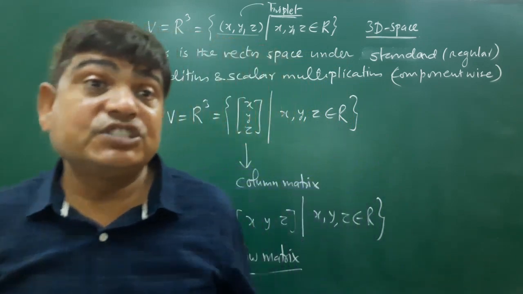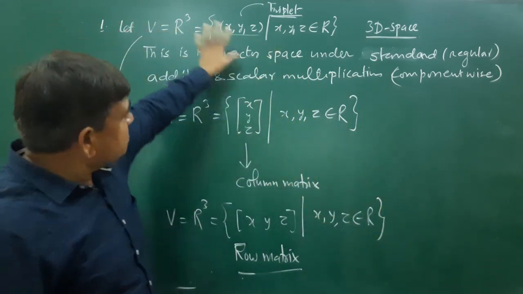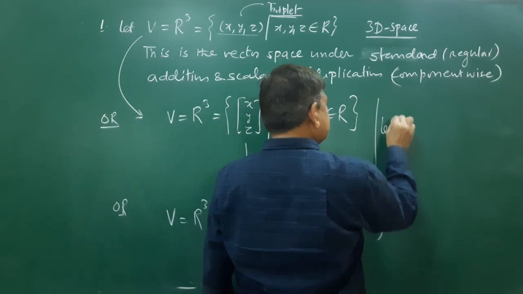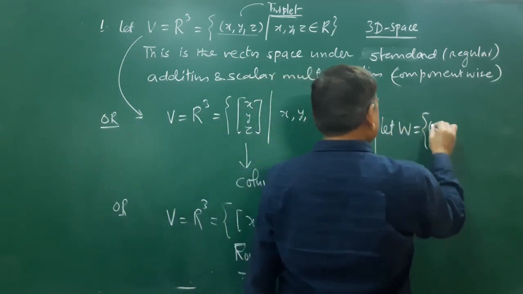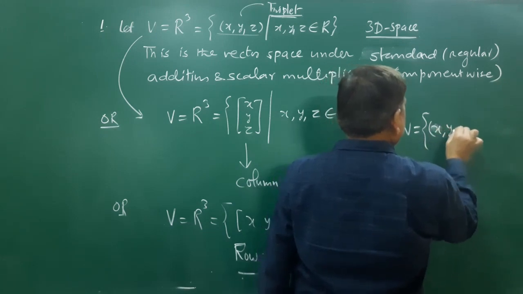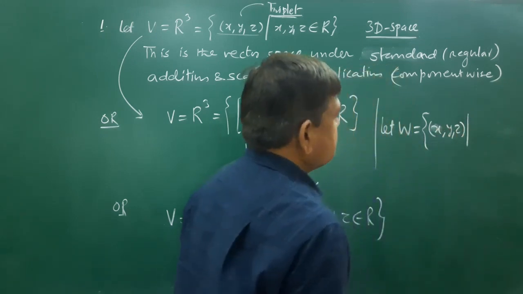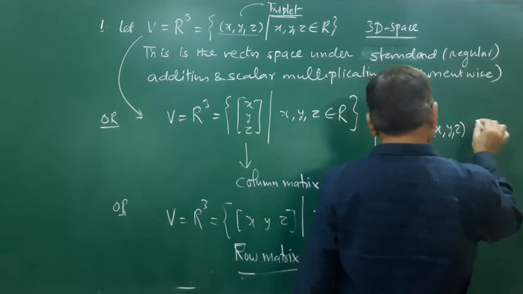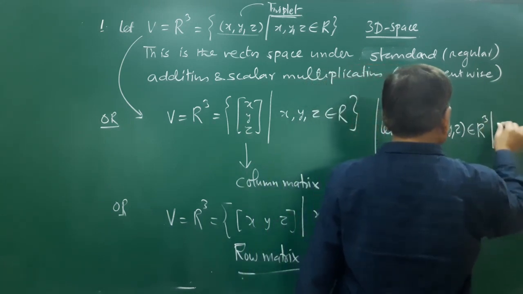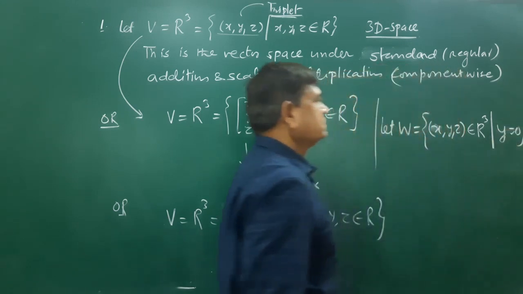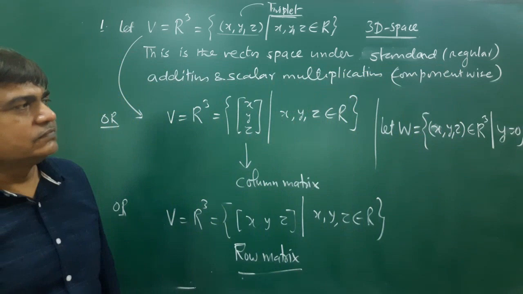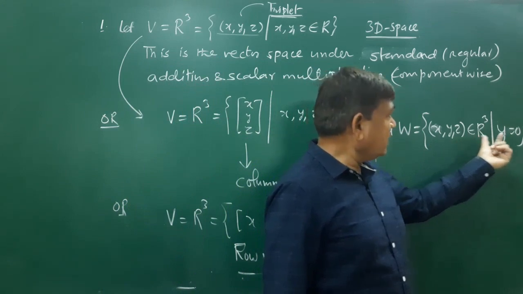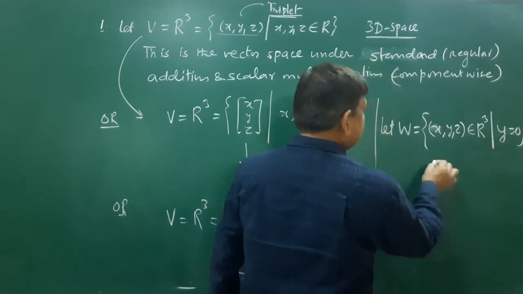You can consider n-dimensional space, that is n-tuples or ordered tuples, but we know the situation is like this. Okay. Let W equal the set of vectors (x, y, z) belonging to R3 where y equals 0.